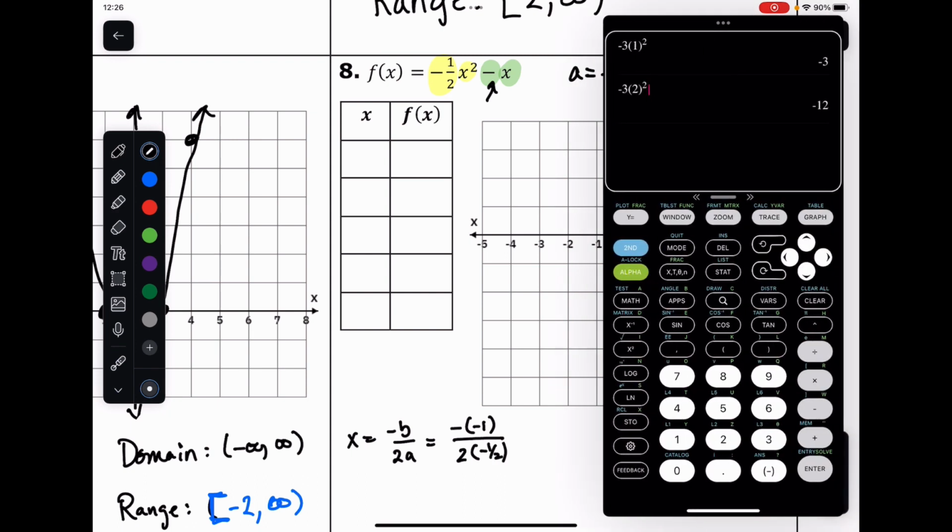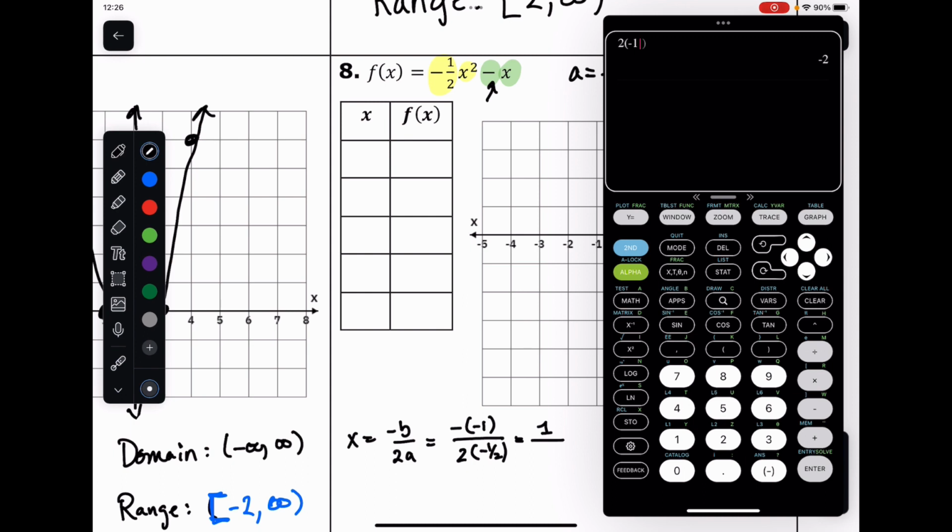So let's see, the negative of negative 1, well, that's obviously going to be positive 1. But what does 2 times negative 1/2 equal? So we will type it in like this. To type in 1/2, we use the division symbol. I kind of went a little bit fast there, so let me delete this. So we type in the negative 1.